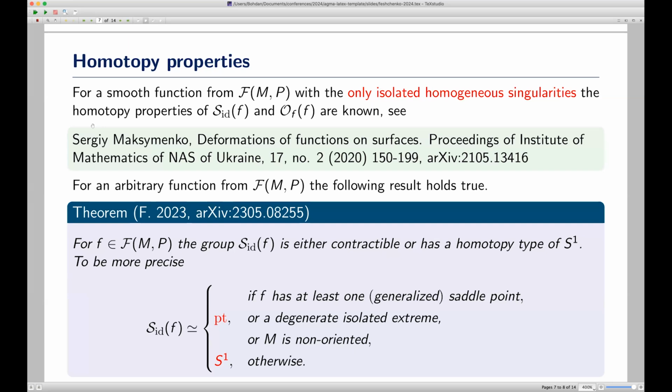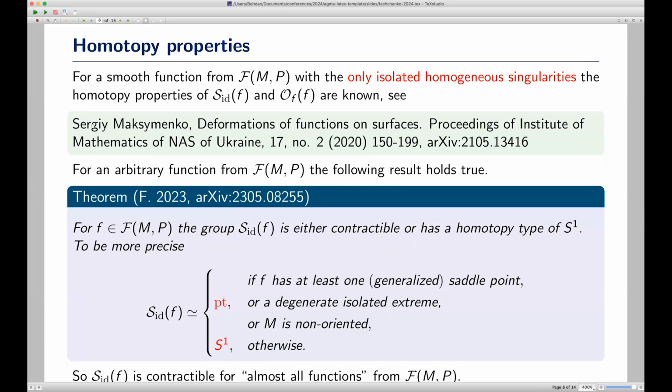For any function from this class, the following result holds true. For a function f, the stabilizer is either contractible or has the homotopy type of a circle.